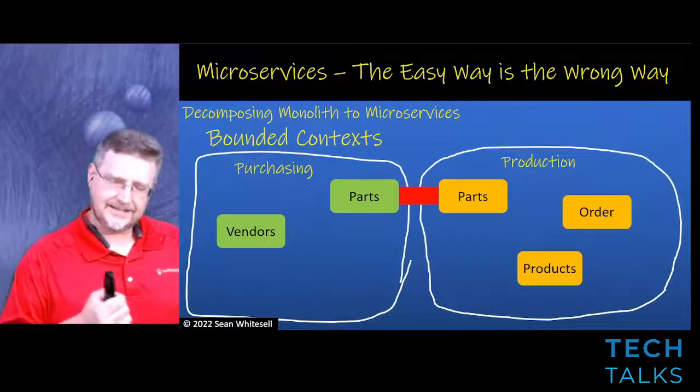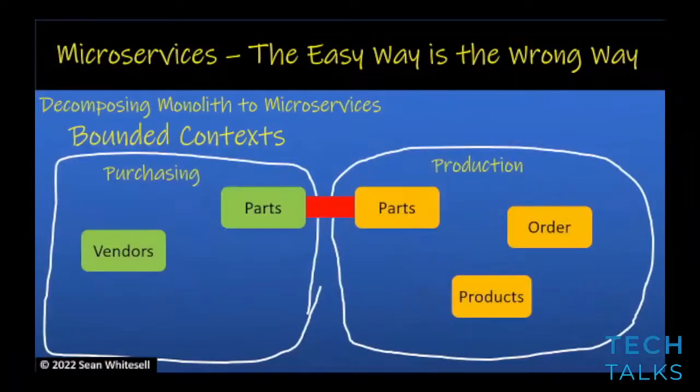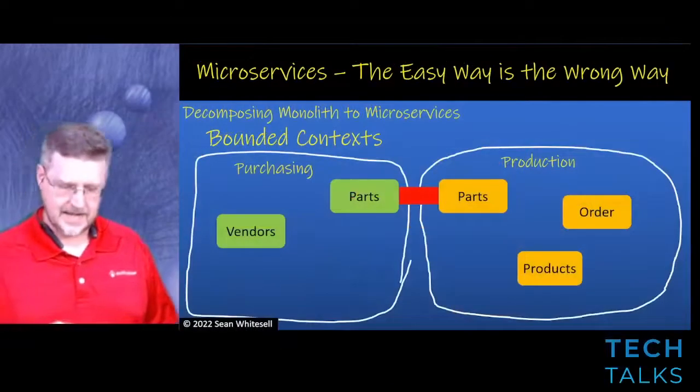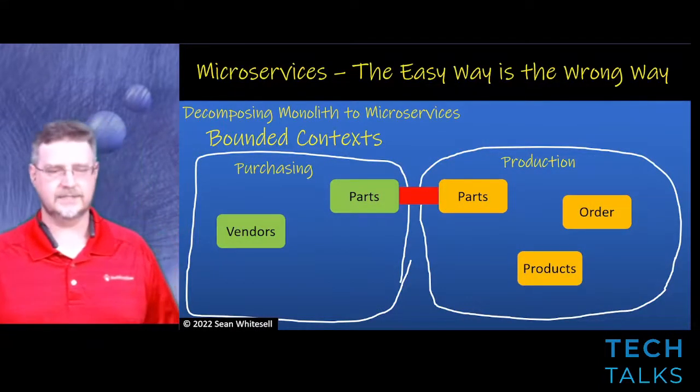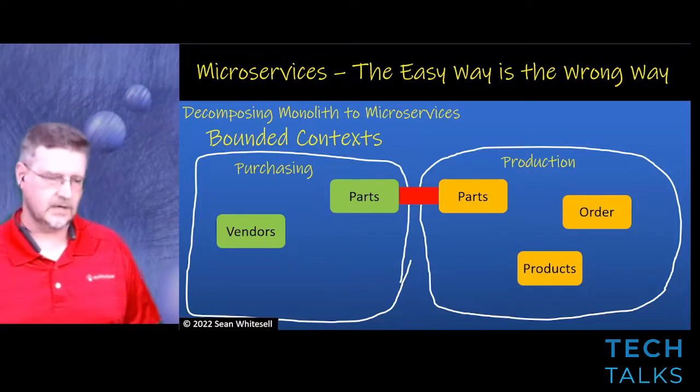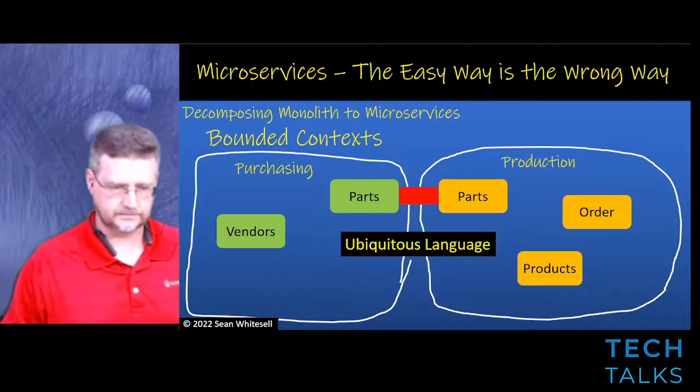So that bounded context is that grouping of common functionality in those various pieces that are independent from other areas. But one of the things we've noticed is parts. Purchasing has parts and production has parts, but although it's the same name, it's not the same thing. And this is where one of the main tenets of domain-driven design comes in, called the ubiquitous language.